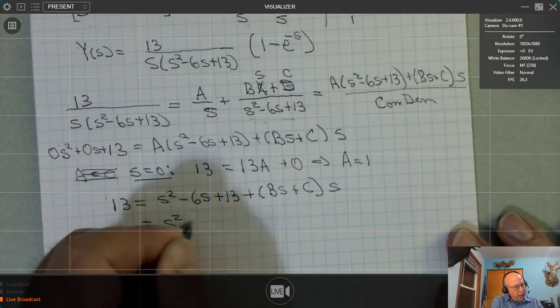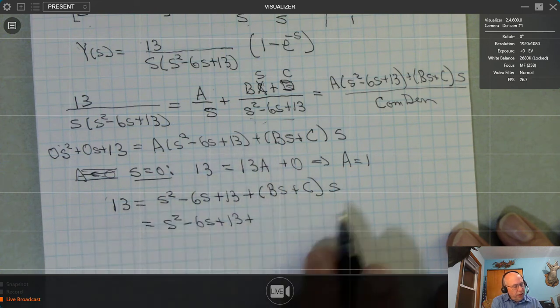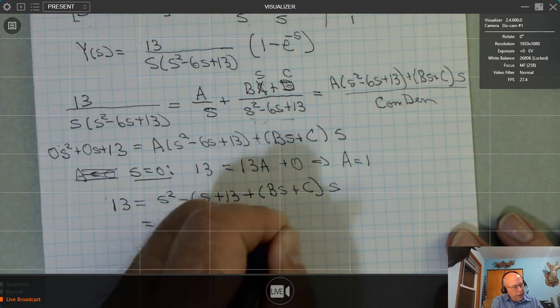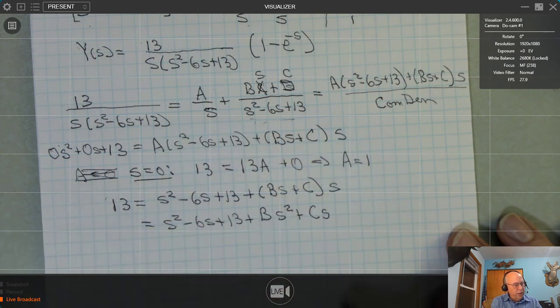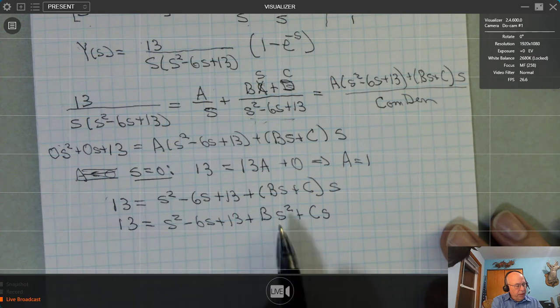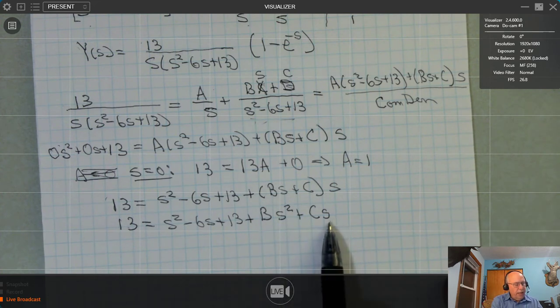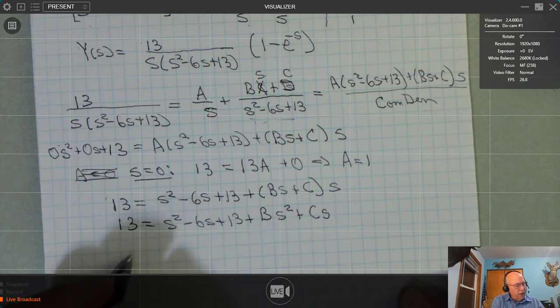S squared minus 6s plus 13 plus, I'm going to multiply this out here because it will make the next step easier. It's not required, but it is nicer. So just distribute that s, and now we're ready for the trick. Now you think, well, what could I possibly plug in for s that would knock out the b but not the c? Well, nothing, because this has an s squared and that has an s. The 0 that would kill this would also kill that. Well, there's an easy fix.